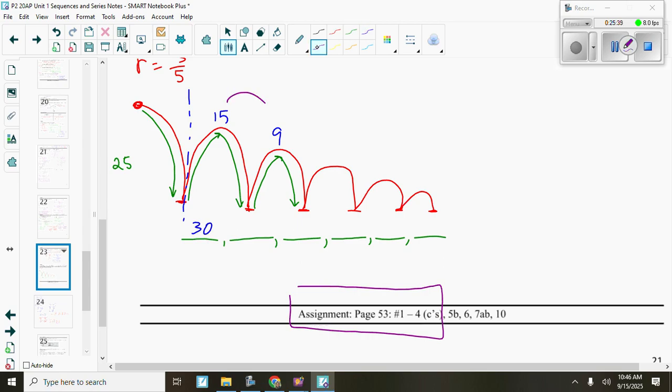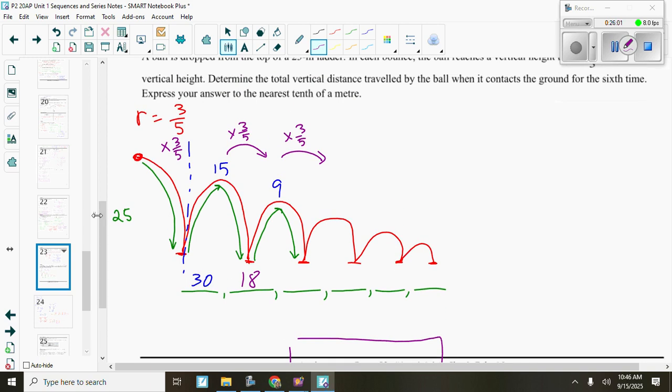Each time I'm going this way, I'm multiplying by 3/5. So I'm at 9, but I go up, I go down. Just make sure that when you're drawing your diagram, you're seeing what it's asking for. It wants the total vertical distance traveled.